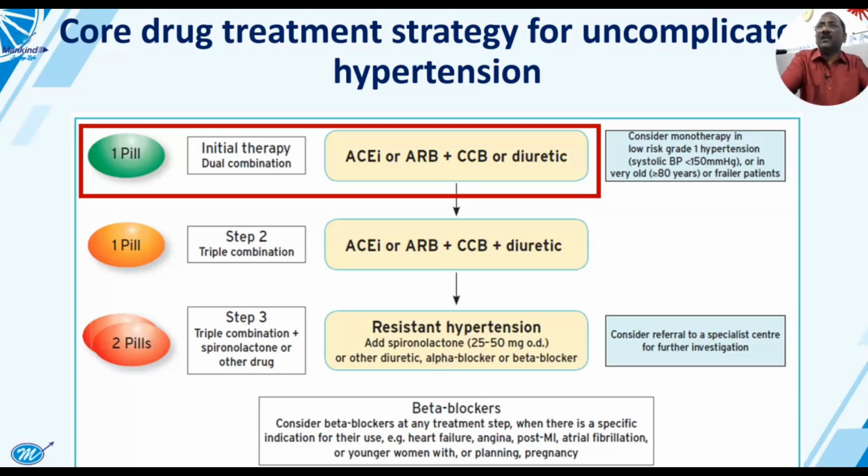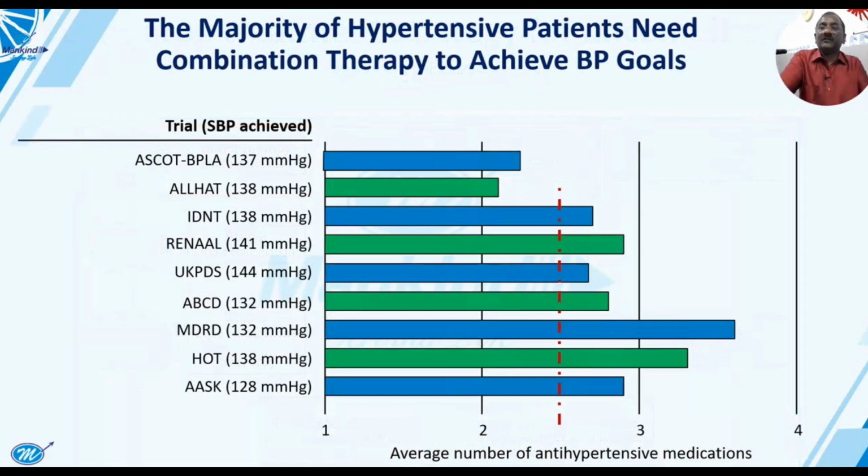Very common drugs, 2 drugs, very common in post-MI. So the beta blockers are a must there. And post CABG, post PTCA, again a beta blocker is a must. Atrial fibrillation, tachyarrhythmias, definitely a beta blocker is a must there. So these are the compelling indications to use the beta blockers.